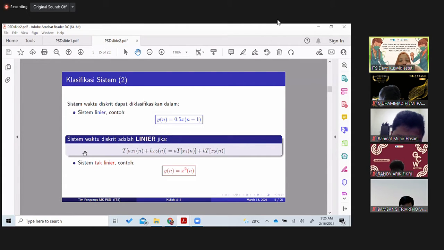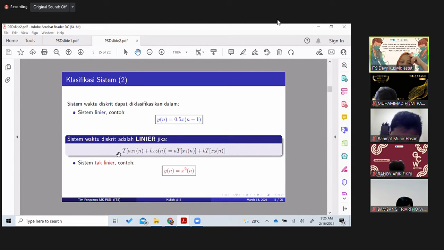And also another condition here, we could say that the system is linear if the transformation of A times x1n plus B times x2n equals A times the transformation of x1n plus B times the transformation of x2n.